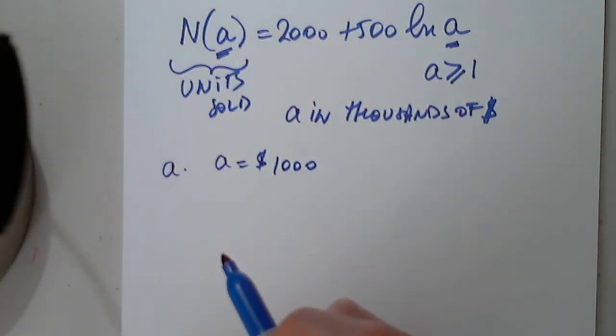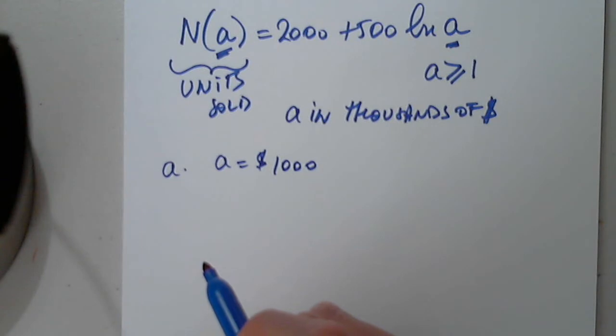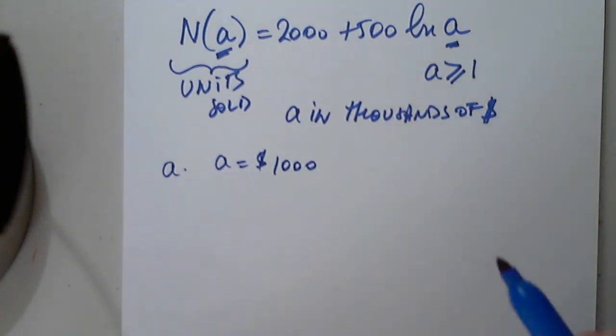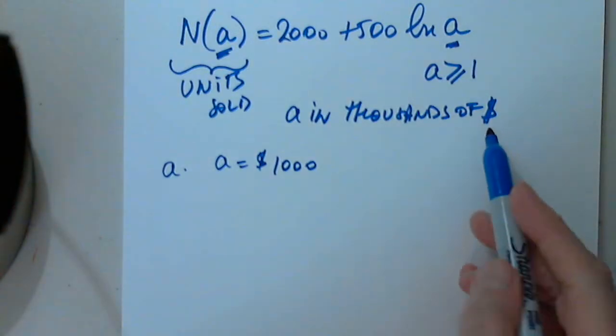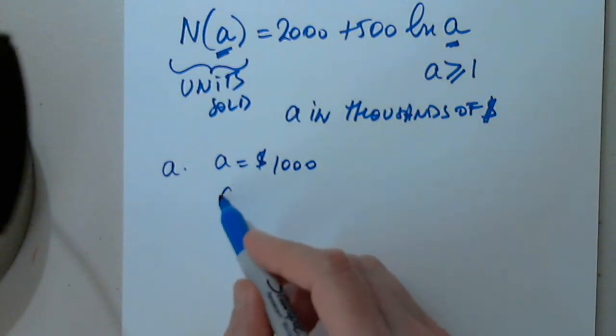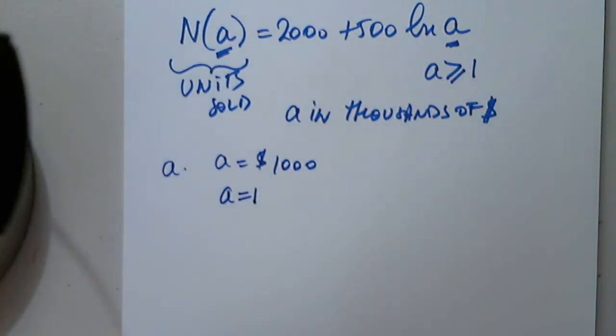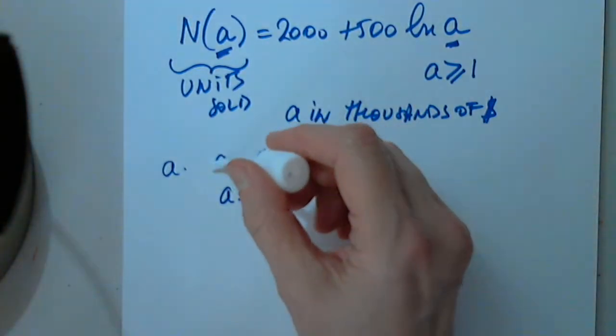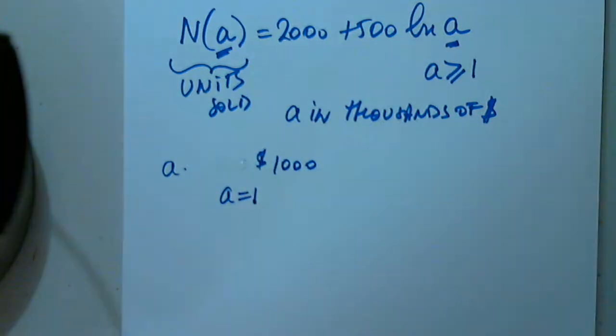They're asking us how many units are sold when 1,000 is spent on advertising. Just remember, A is in thousands. So A equals 1. I should not write this; I should write A equals 1. Exactly. Very good. And I'm going to erase that. So how many units are sold when A equals 1?